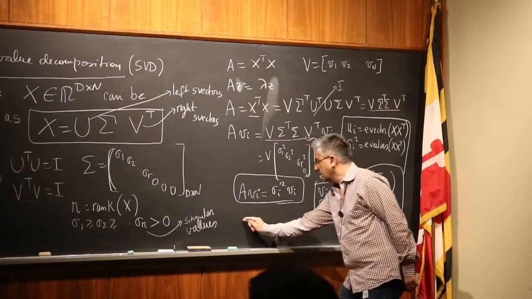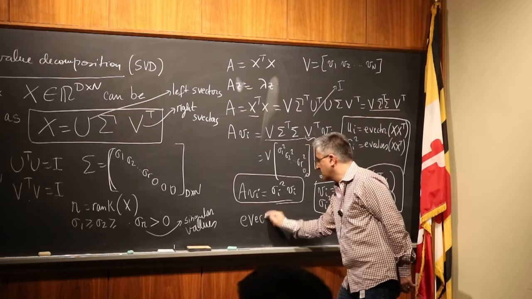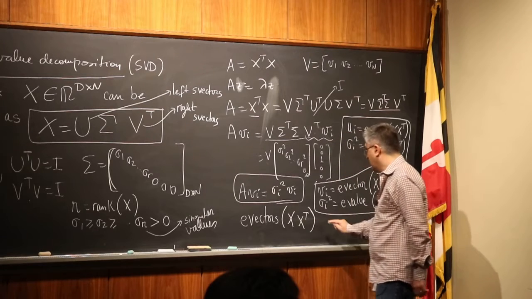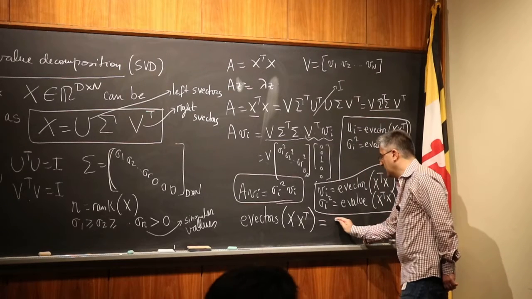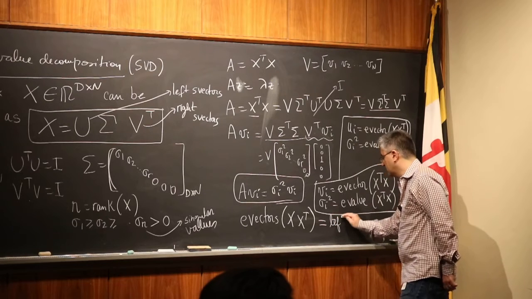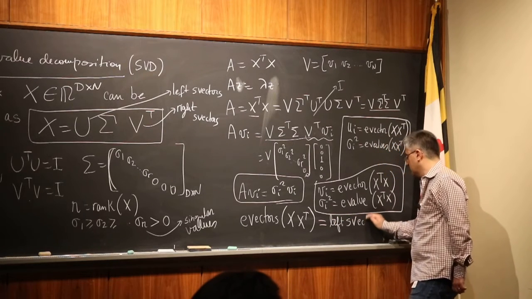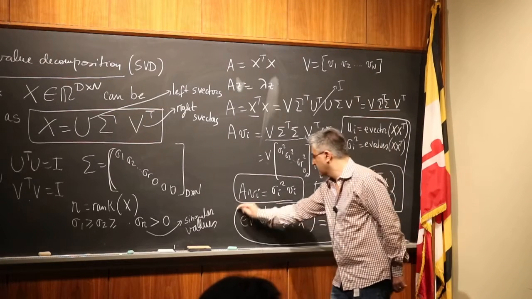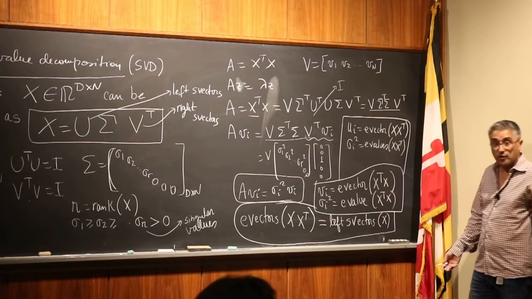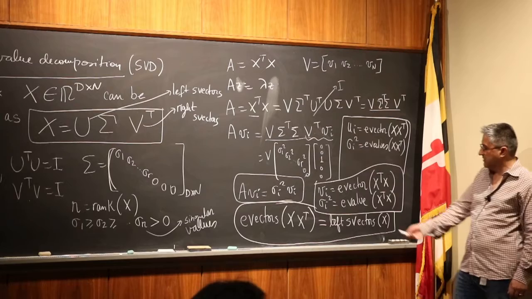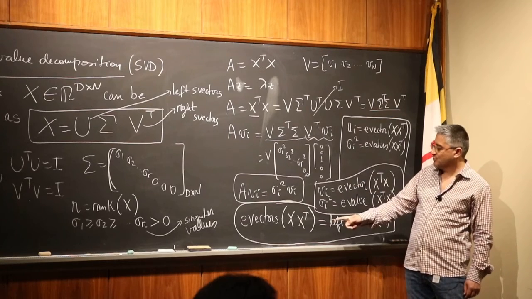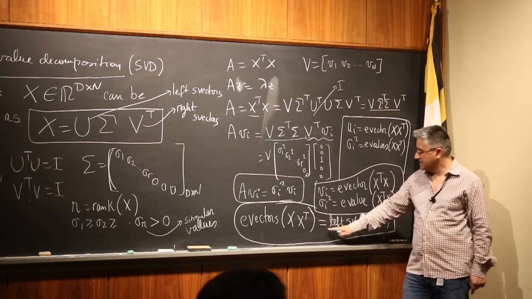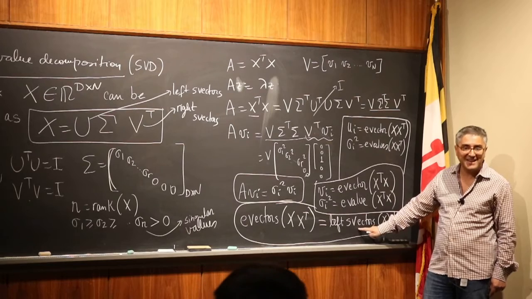The eigenvectors of X X transpose are the same thing as the left singular vectors of X. And therefore, if I apply this to covariance matrices, I should probably write that in words: the eigenvectors of the covariance are the same thing as the singular vectors of the data.